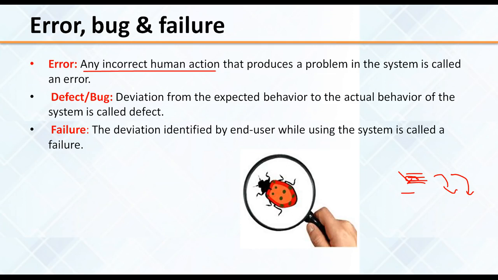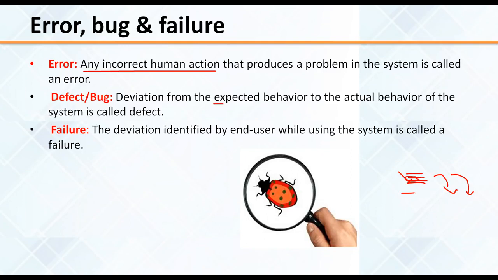And there is another kind of thing, defect or bug. From the testing perspective, if you find any mismatched functionality, where the expected result according to the customer requirement and the actual result are different, then we can call it a defect or bug. This is the testing point of view. This is a deviation from the expected behavior to the actual behavior.